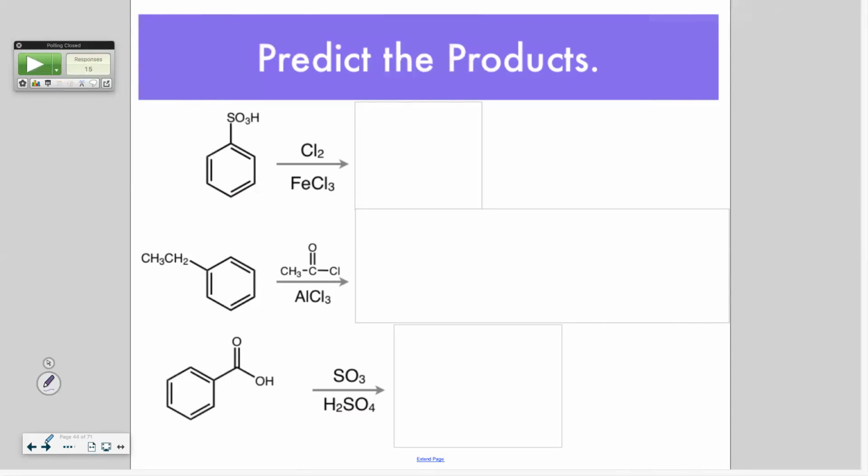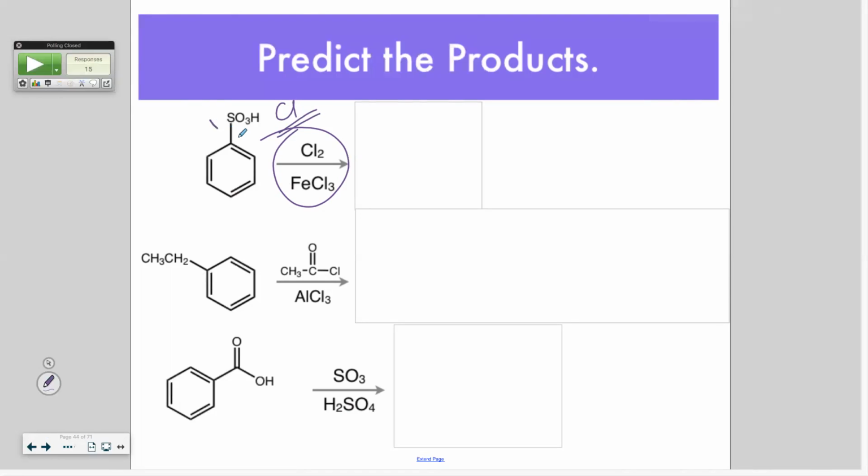So what is chlorine and FeCl3 going to do to our benzene ring? Add a chlorine. Actually, it's substituting a chlorine in place of a hydrogen. So get that in your brain first. We're adding a chlorine. Chlorine is going to go on the ring.